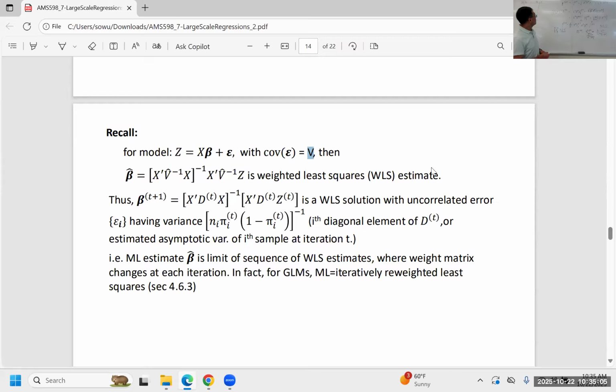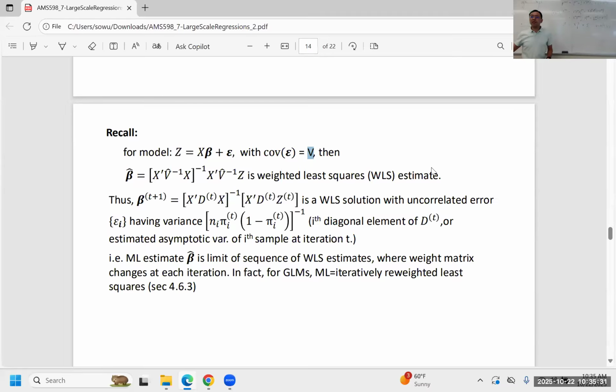I can take one minute to show you why this is true. Say z is equal to x beta plus epsilon, and epsilon follows a normal distribution with mean 0 and variance v. Here v could be diagonal.